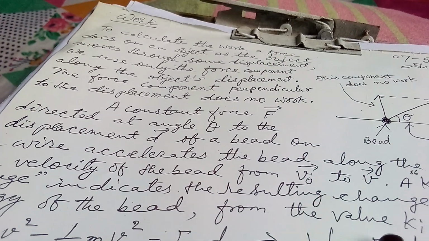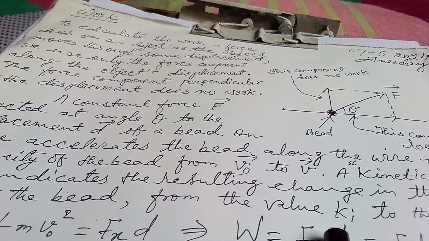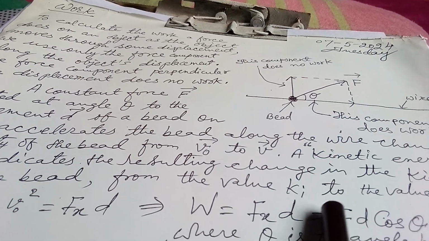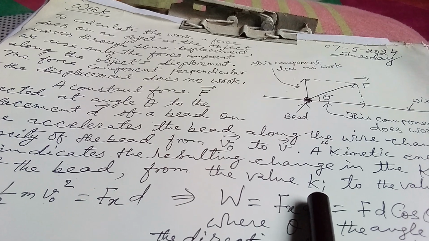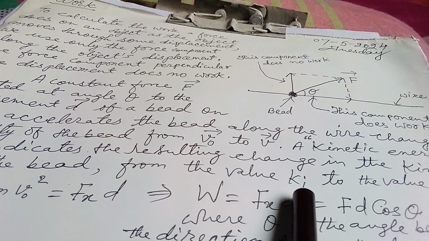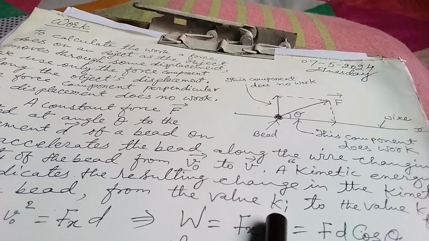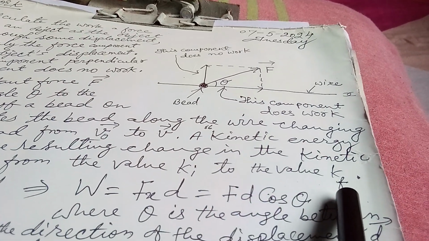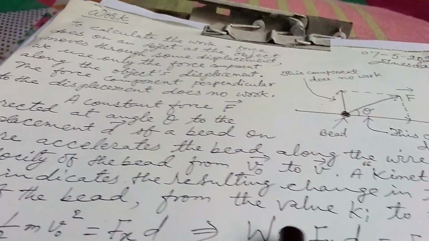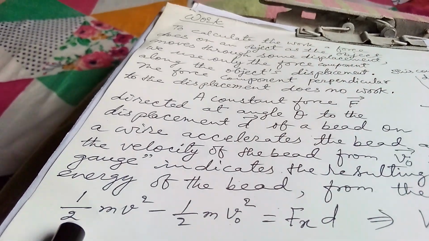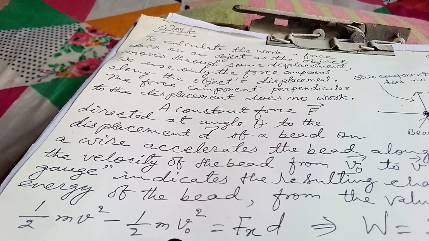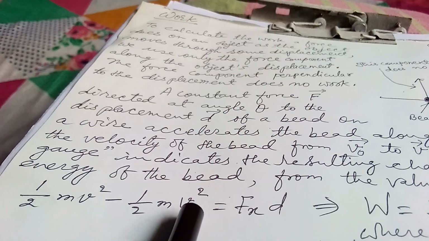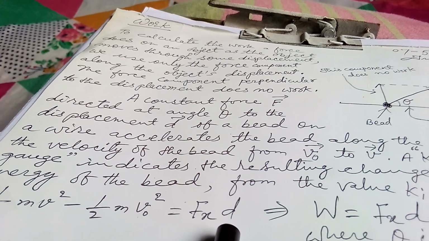So from the value Ki to the value Kf, Ki denotes kinetic energy in the initial position, in the beginning, or initial kinetic energy, and Kf denotes final kinetic energy. So half m v squared minus half m v0 squared equals F_x d.